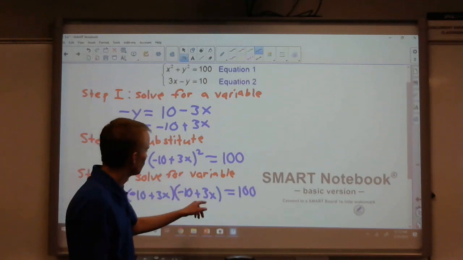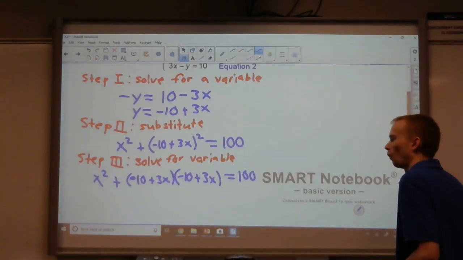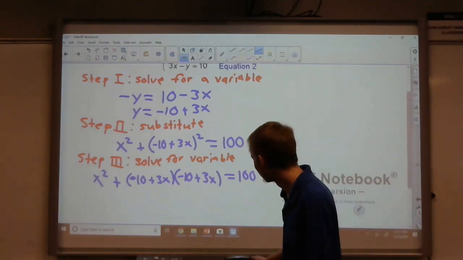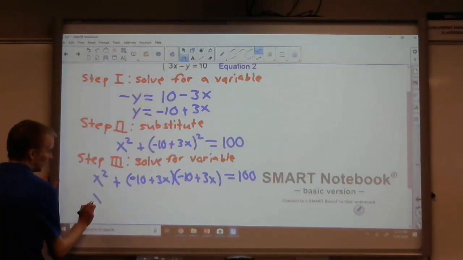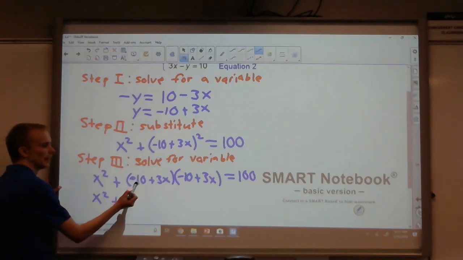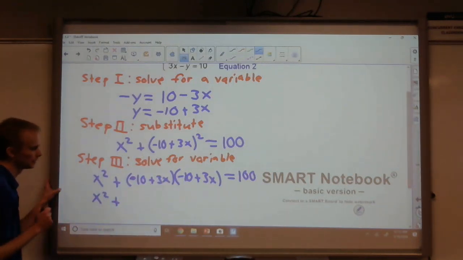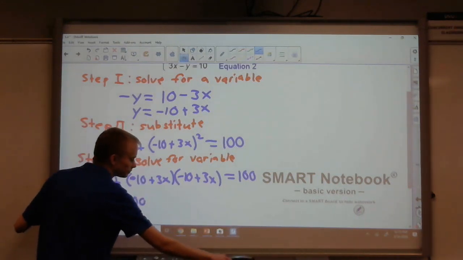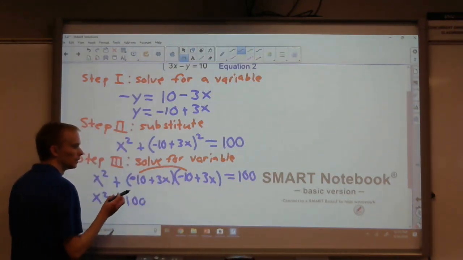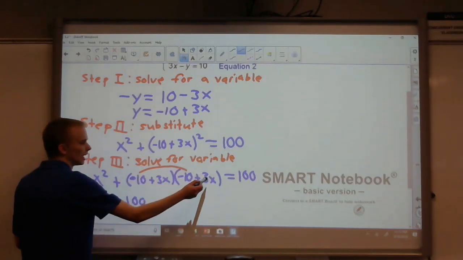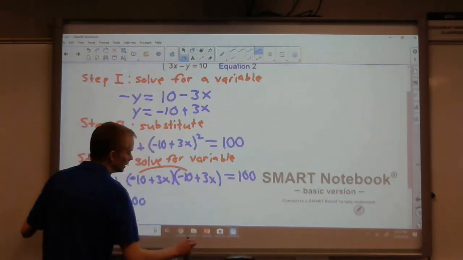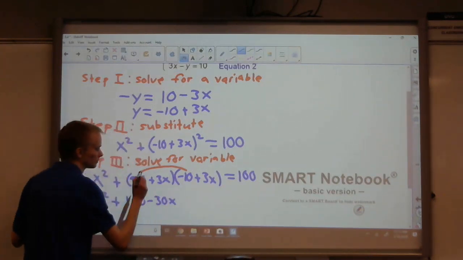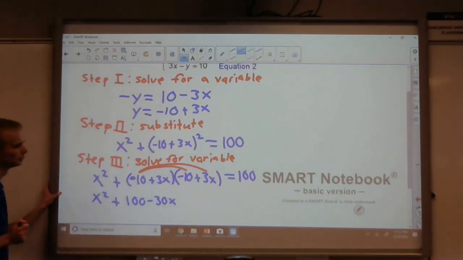So then we can FOIL this out, or Santa hat if you prefer. We would get x squared plus negative 10 times negative 10 is 100. So we've done those two. Then negative 10 times positive 3 is negative 30x. So that's there, okay?